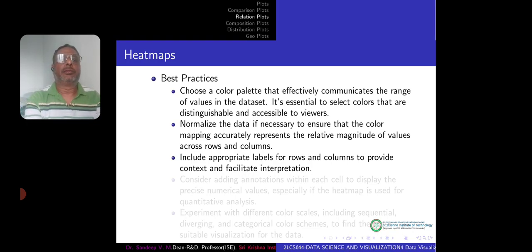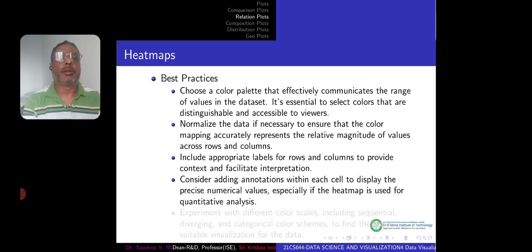Make sure that all these labels are properly put, and we need to make sure that annotations within each cell display the precise numerical values, especially if the heat map is used for quantitative analysis.